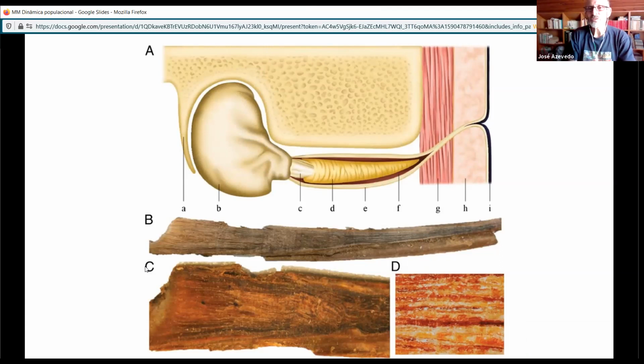So there have been attempts to use this accumulation of wax inside the ear as an estimation of age. Again, for females, I don't have a slide here. Also for females, the number of pregnancies recorded in their ovaries is also used as an estimation of age.